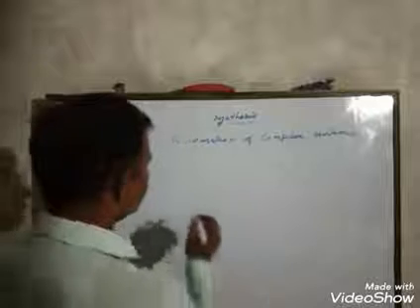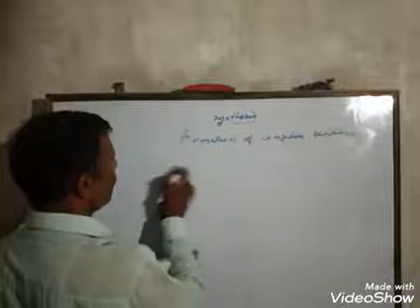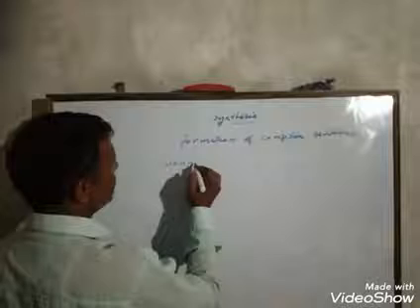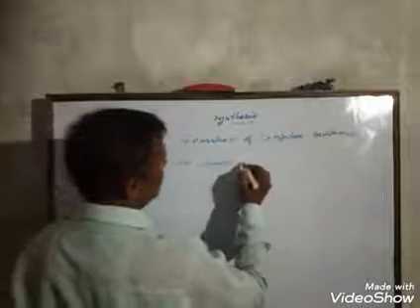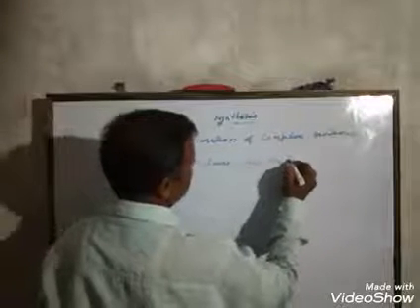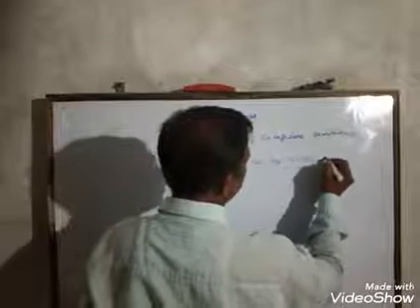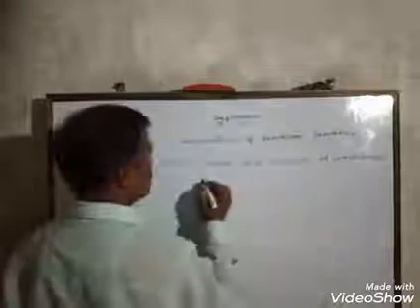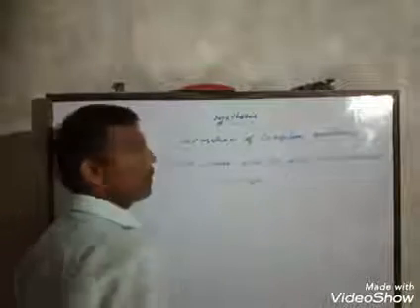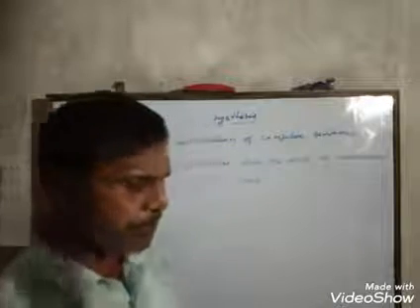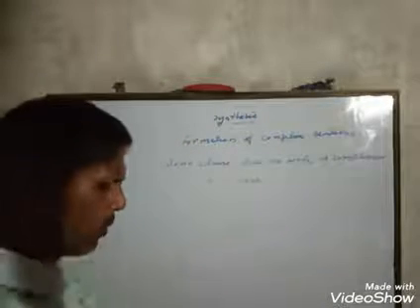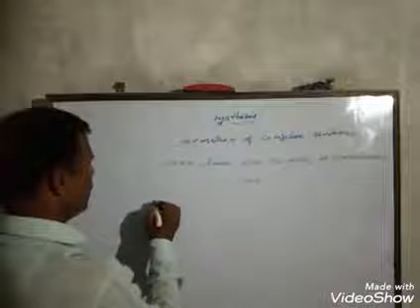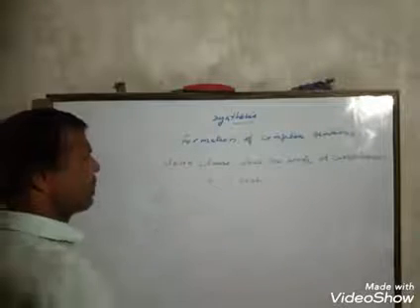I think this section is remaining, so I again explain the function of noun clause: a noun clause does the work as a complement to a verb.